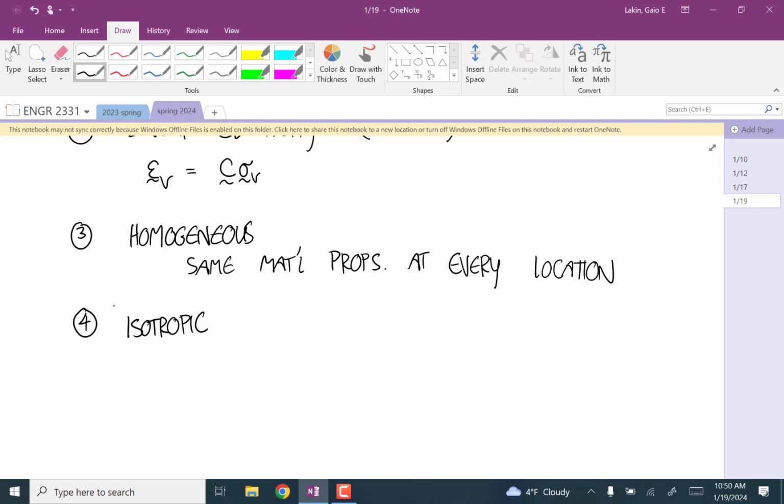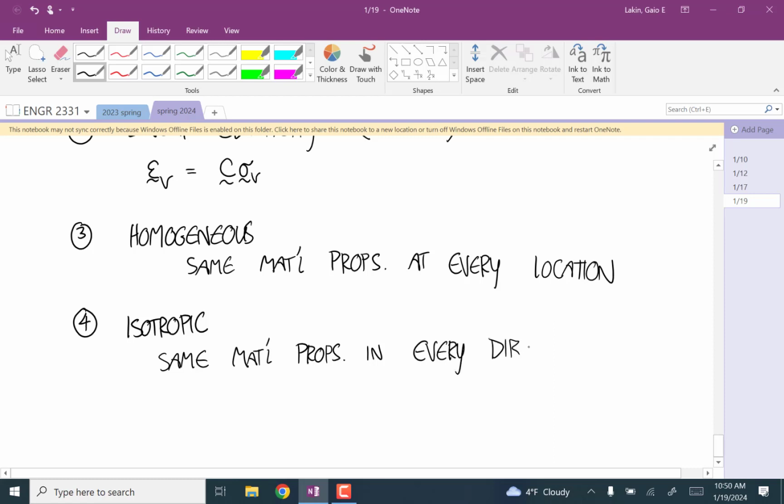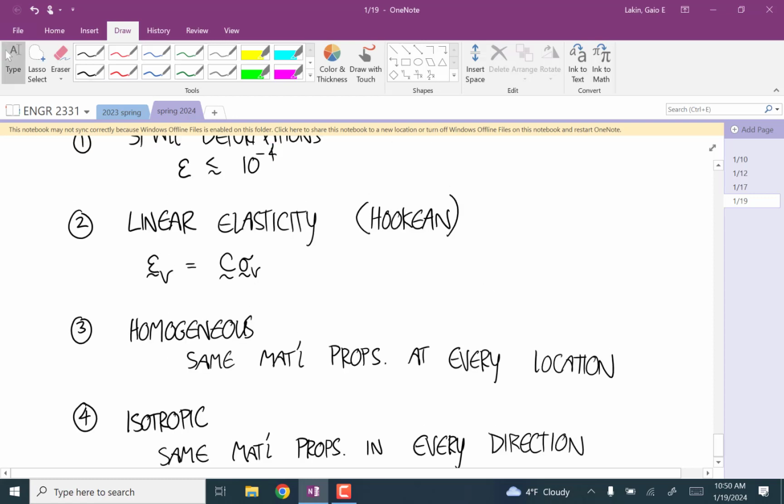So isotropic means same material properties in every direction. I guarantee I'm going to ask you about these 4 things on quizzes, more than one quiz too. So keep those in mind.